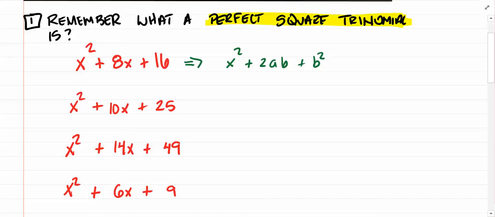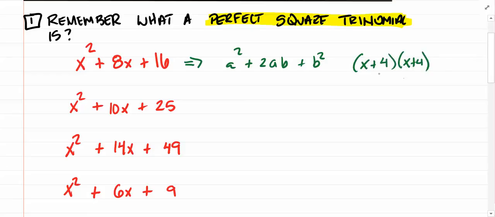I don't know if you remember this form or not, but this is a perfect square trinomial. So x squared plus 8x plus 16 can be written as x plus 4 times x plus 4.